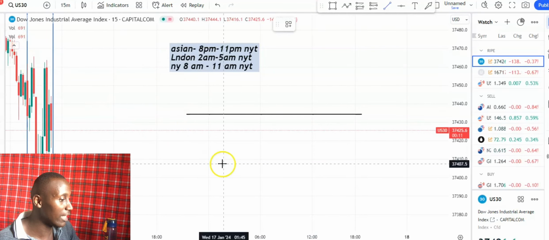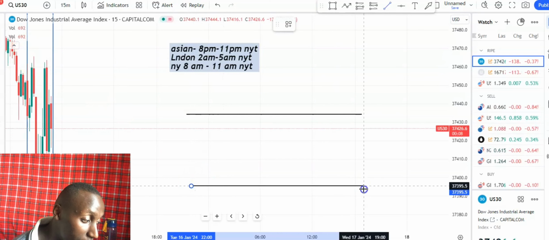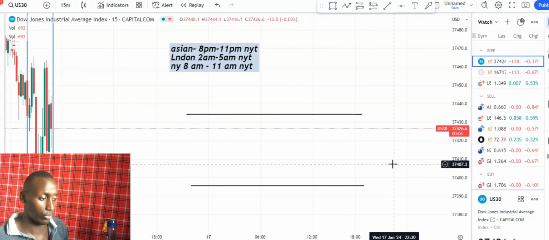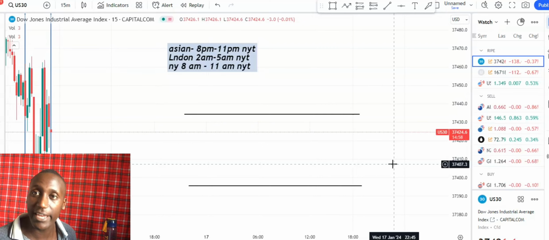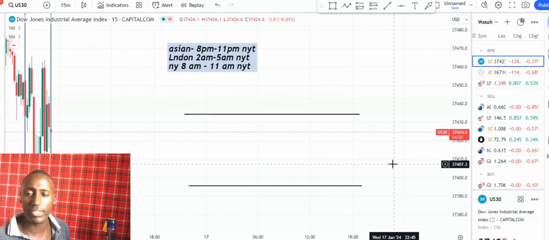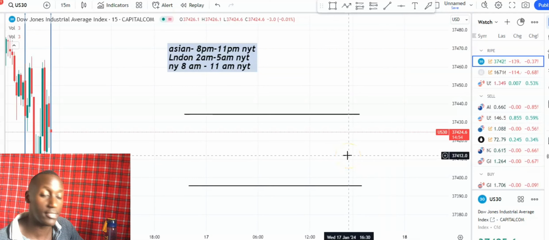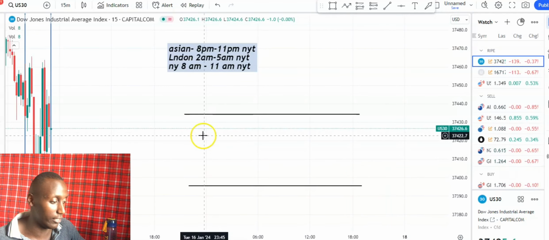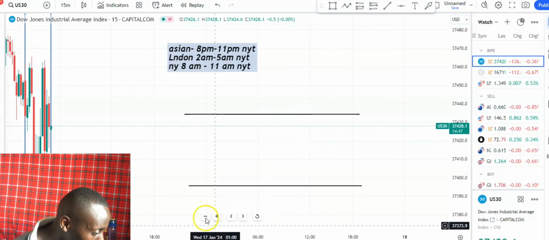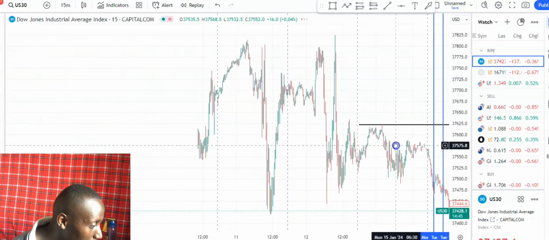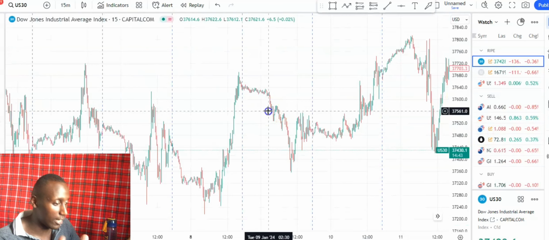So there are levels that we pay close attention to, and that is the high of the day and the high of the week. These are the main levels. So just like support and resistance, these are our areas of support and resistance. Let me show you what I mean. So if you look at, so we'll just look at a random chart.